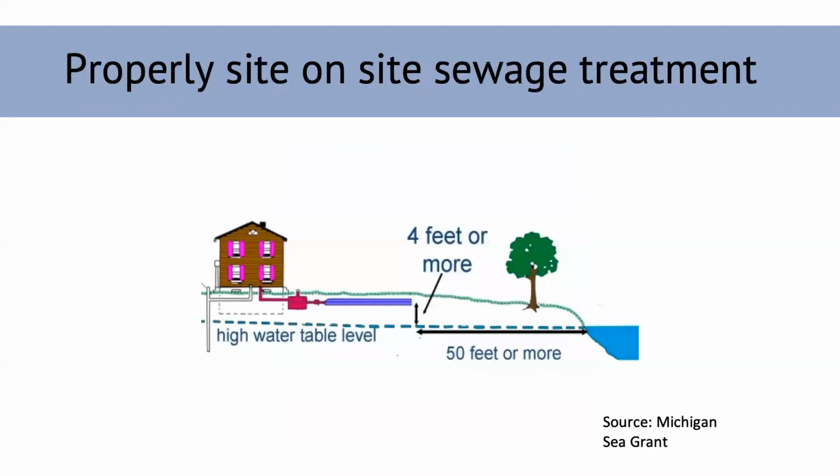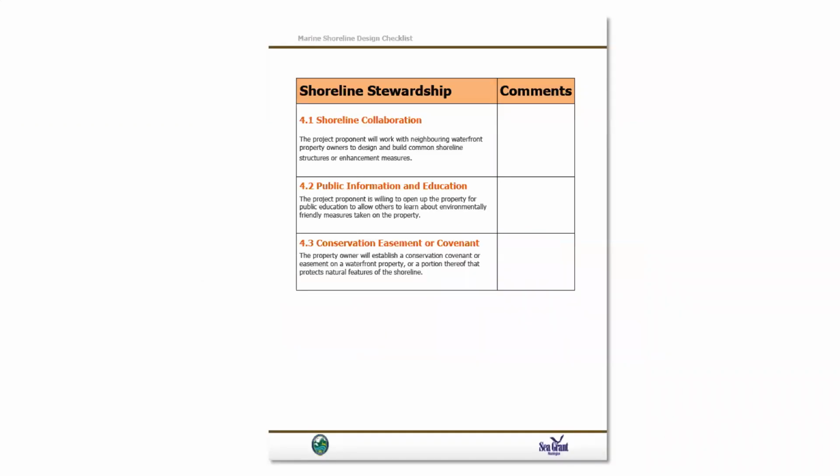And finally, what about the type of on-site sewage and where is it located? Try to make sure that it's located as far as possible from the shoreline, to avoid potential contamination, which again becomes more and more of an issue with sea level rise. And then the fourth and final area relates to opportunities for shoreline stewardship.